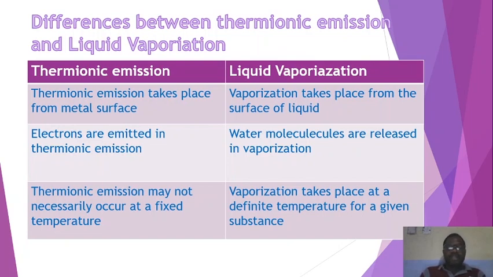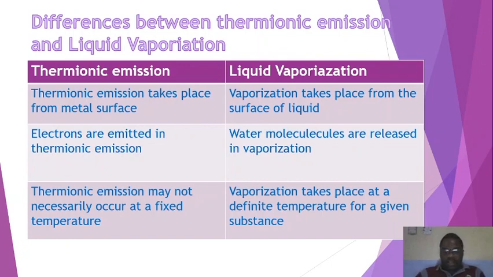Then we say that thermionic emission is applied in thermionic devices such as the thermionic diode valve, the cathode ray tube, and the X-ray tube. We also say that the thermionic diode is used for current rectification in AC circuits.